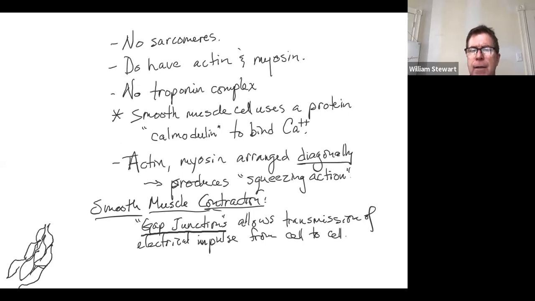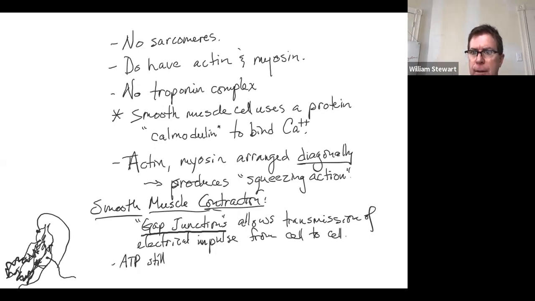And if I send a neural impulse, let's just say to this cell, and let's say this cell, the electrical impulse then can be transmitted from cell to cell, and all of these cells will experience an action potential or an electrical impulse and then contract. So individual cells do not need their own specific nerve ending. ATP is still used to energize the myosin head.